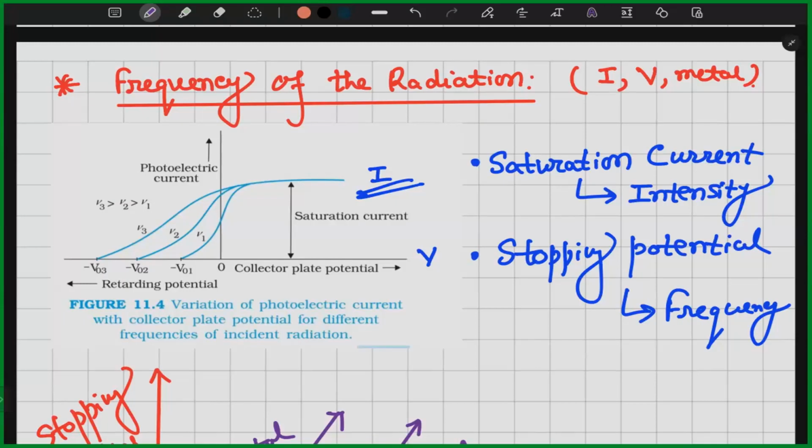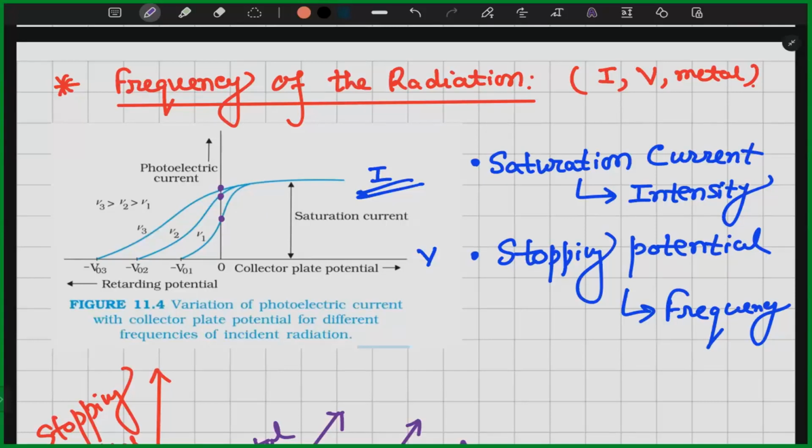Because the saturation current means that 100 electrons are emitting, right? We have to understand that 100 electrons are emitting. When there is a zero potential gradient, we can see that if we increase the frequency, the photoelectric current increases, because there is no gradient. For the lower value of the frequency, let's say 100 electrons are emitting.